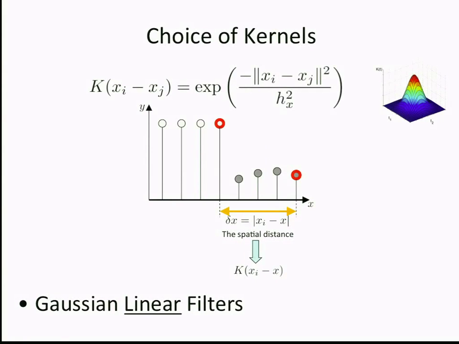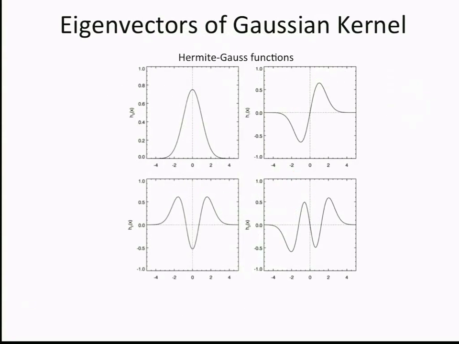So let me show you what happens if you choose different kernels. What happens to these eigenvectors? Let's say we choose a really brain-dead kind of kernel. Suppose we just use this Gaussian that actually doesn't even depend on the data. It turns out that the eigenvectors of the matrix you get, if you just use a Gaussian kernel, are functions that look like these.